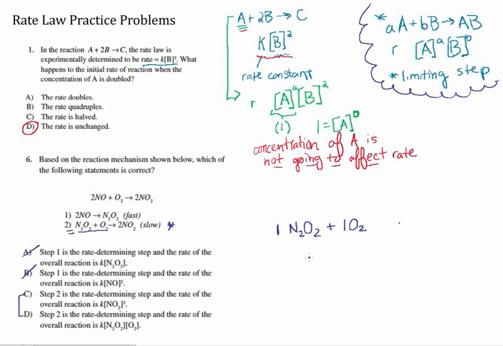So for this equation, that would give me rate equals rate constant K, N2O2 to the 1 power, which again is just going to be N2O2, times O2 to the first power, which again is just O2, right? So if we look here at our 2 options, clearly the answer is going to be D.